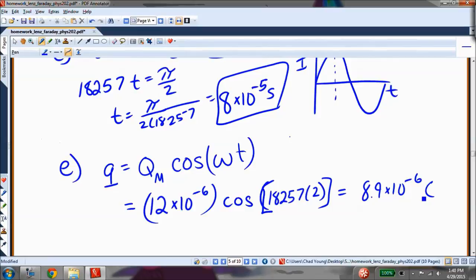Let me make sure that I was in the right mode for that. Yeah, I'm in radian mode for that, so that is correct. 8.9 times 10 to the minus 6, or 8.9 microcoulombs.